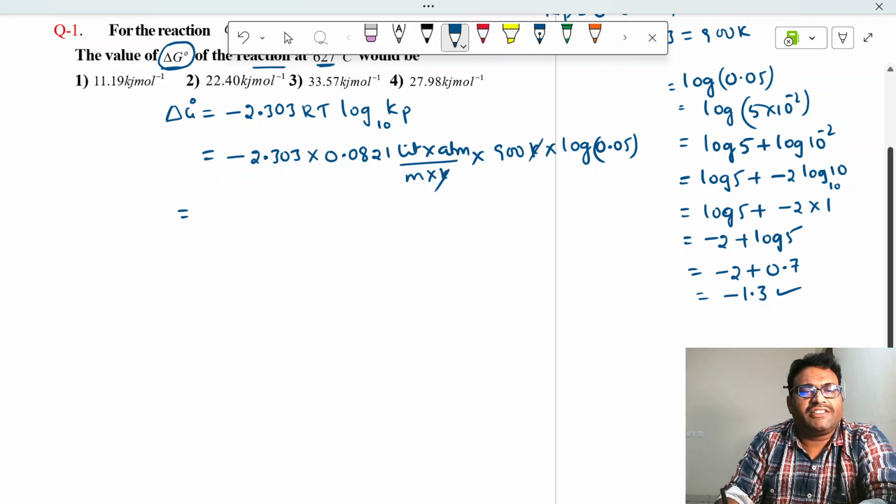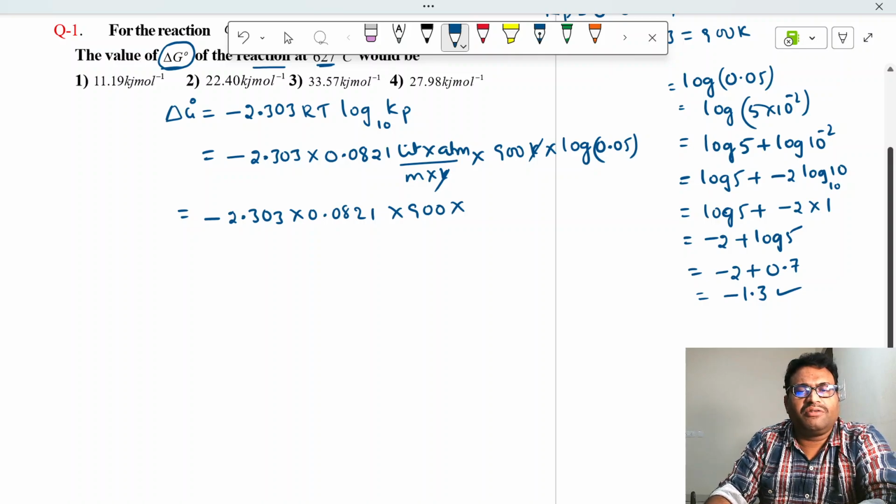So let us multiply that. Kelvin gets cancelled. Minus 2.303 into 0.0821 into 900 into minus 1.3. Minus into minus gives plus.